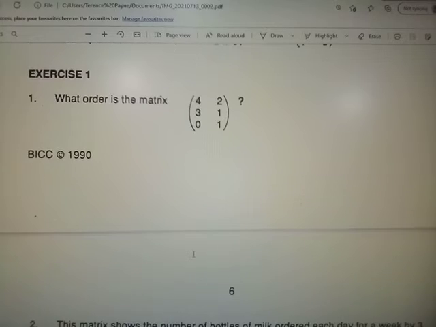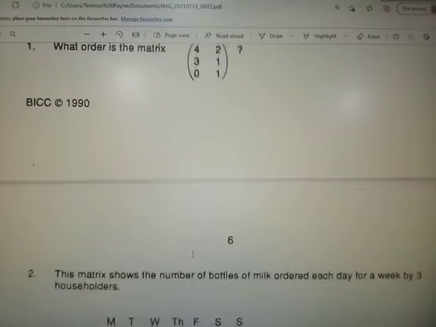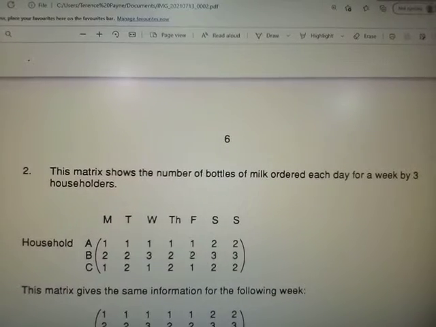Again, here what order is the matrix that is for you to answer, and look back at the work previously.